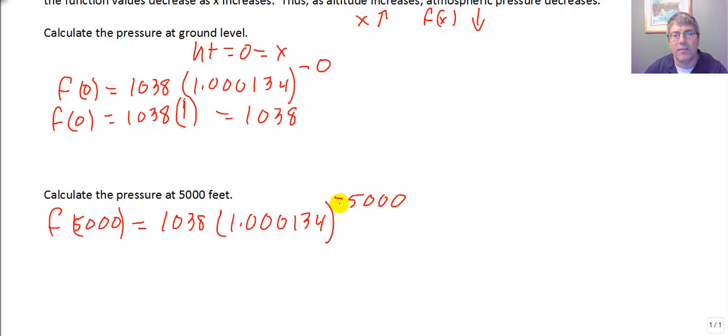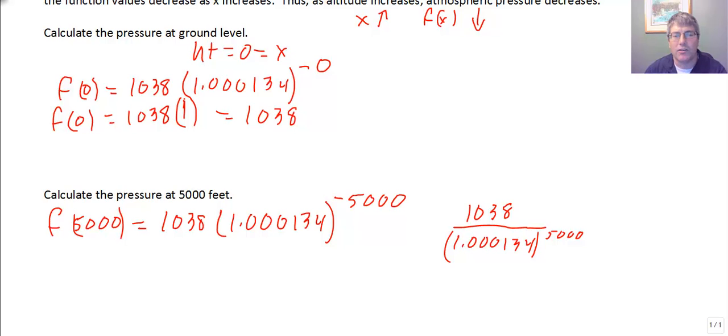So remember, this is a negative exponent, so this is a fraction. This really is 1,038 all divided by 1.000134 raised to the 5,000th power. Well, we're not going to have to put that into our calculator that way, but that's what's going on.